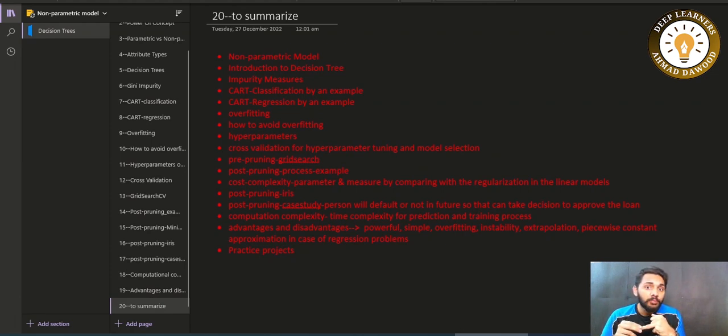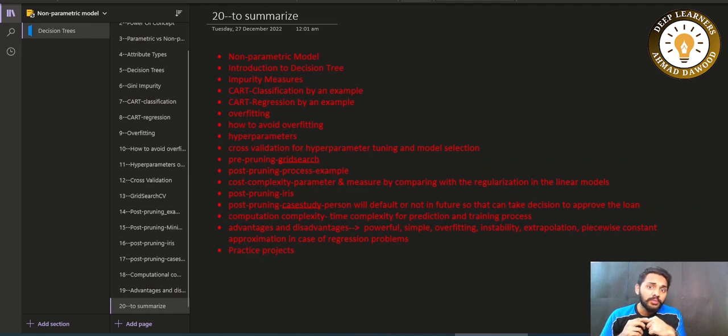Then we have seen extrapolation. It cannot extrapolate the data points and the patterns. We have also seen that in the case of regression problems, the decision boundaries of the decision tree function are a piecewise constant approximation.